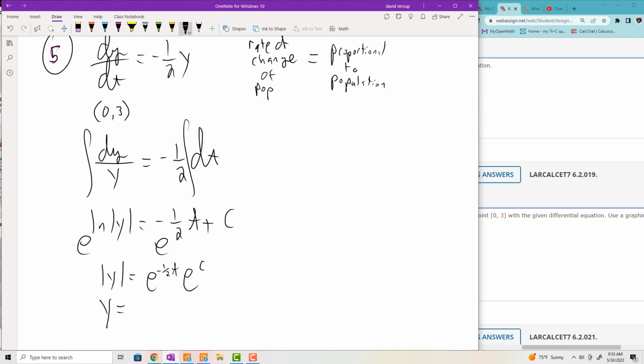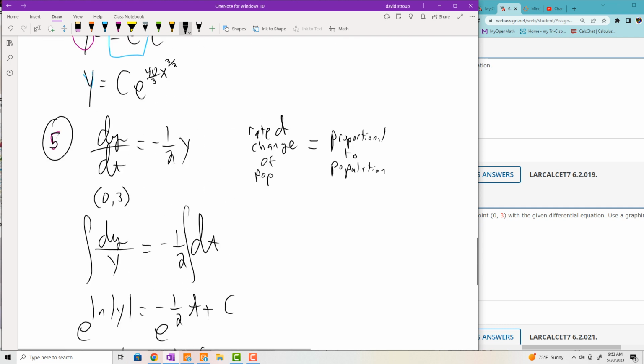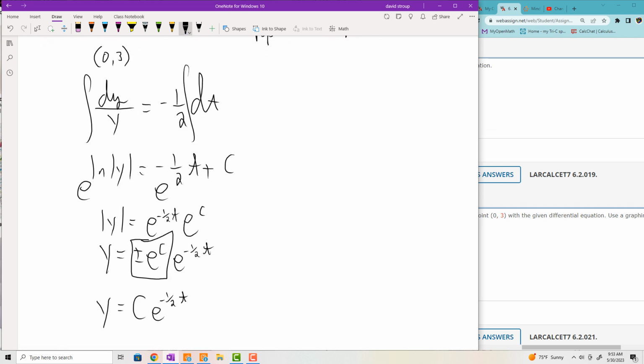Drop the absolute value, replace with plus or minus, rewrite the e to the c in front. And then you could replace this with just a capital C.